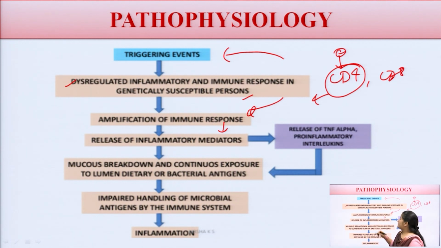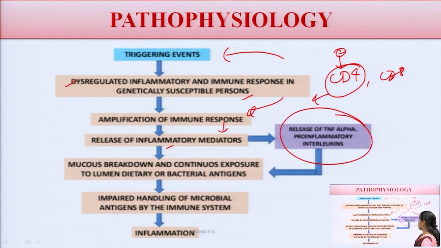So, they amplify the immune response cells, due to which the inflammatory mediator cells release TNF alpha and pro-inflammatory interleukins. Okay? So whenever there is a release of the inflammatory mediators, these are the release of the TNF alpha, right? These are the inflammatory mediators which cause the inflammations.